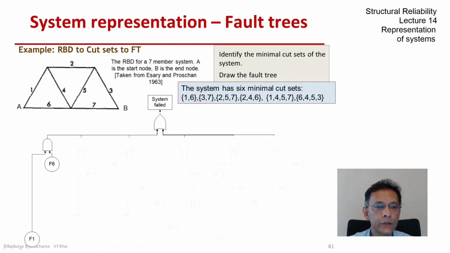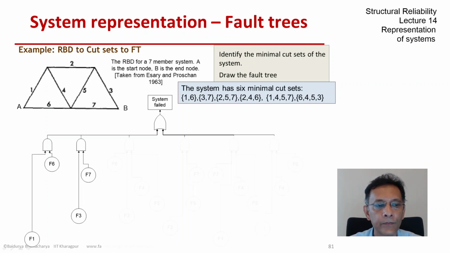The next one is 3 and 7. So likewise, we create the next AND gate, and so on.